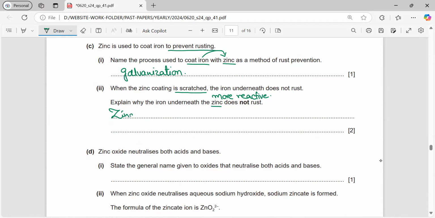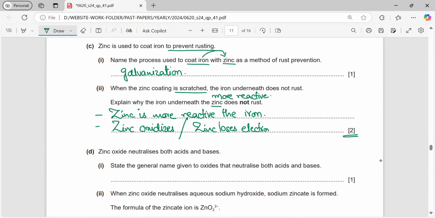As this question is of 2 marks, in the first point, we will write that zinc is more reactive than iron. And in the second point, we can write that zinc oxidizes, or that zinc loses electrons, or that zinc reacts.